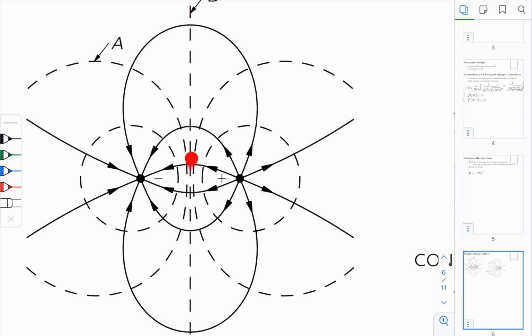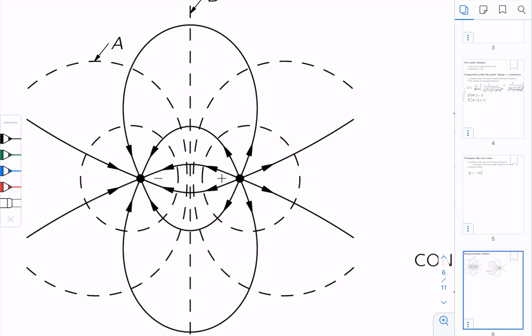So this is the equipotential, and this is where V should be a constant.